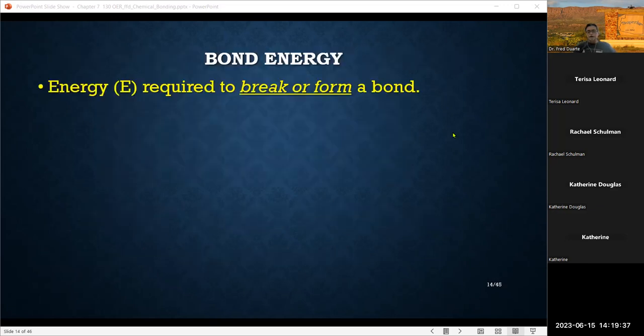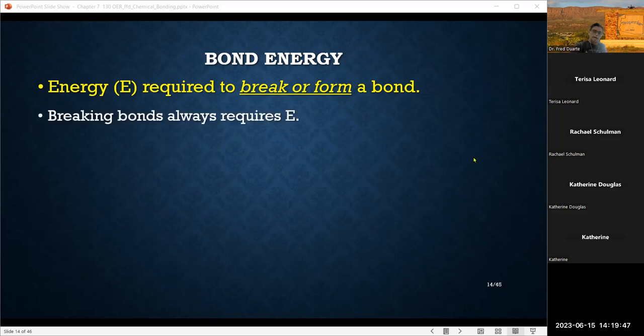Now think about bond energy. Energy is going to be required to either break or form a bond. And breaking bonds always requires energy. So what we do is we treat energy as a reactant and it is absorbed. In fact, it gets cold. That particular process is called endothermic.